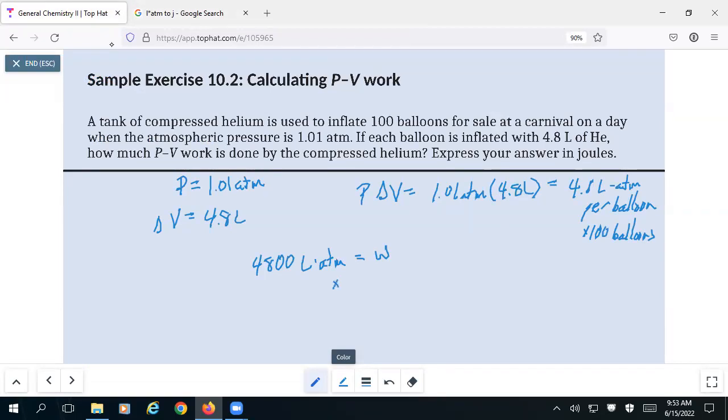So if I take that 4,800 liter atmospheres times 101.325, we get an insanely large number here. 486,000 joules, which would be 486 kilojoules.